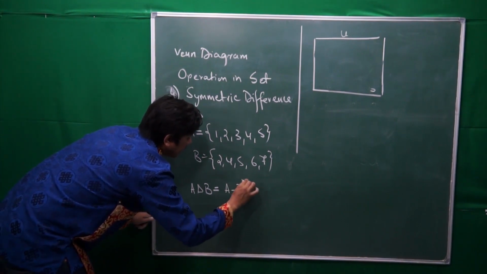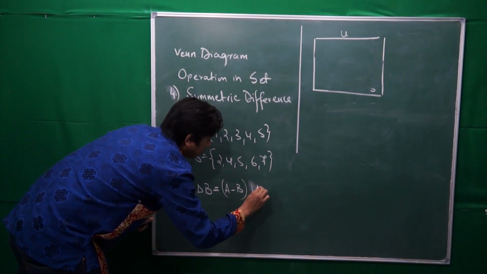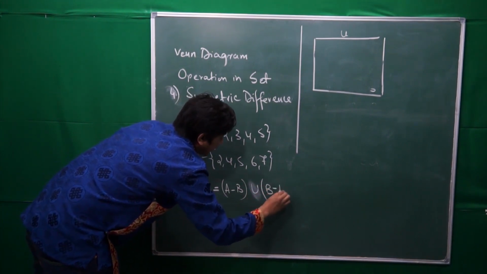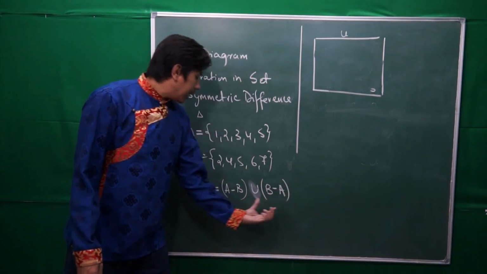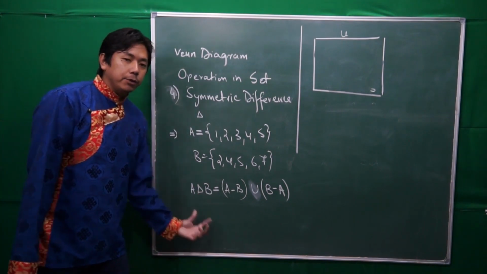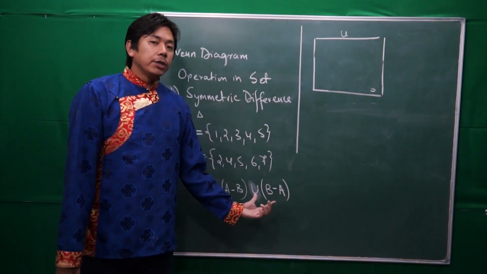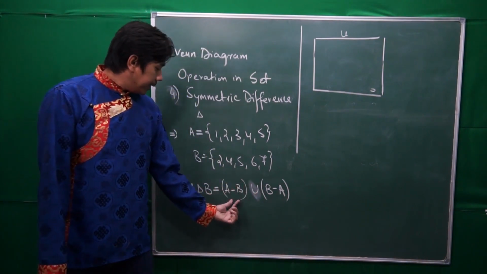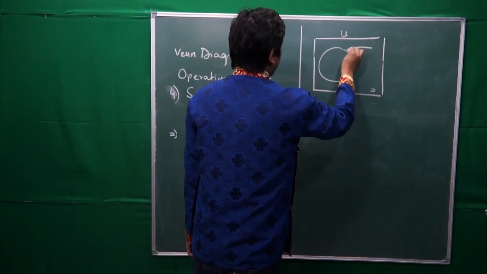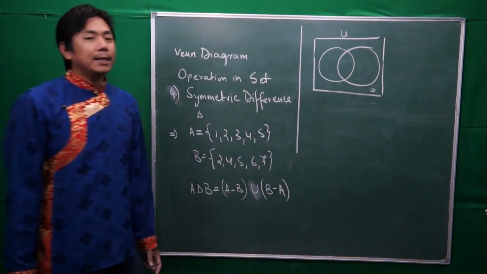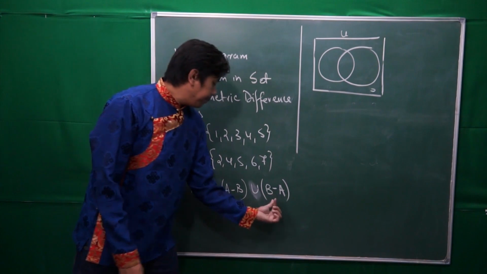A minus B union B minus A. So from this equation, the symmetric difference between two sets A and B is equal to A minus B union B minus A. So as you can see, mathematically or diagrammatically, we can represent it as a region that is exclusive to A minus B alone and then B minus A alone.